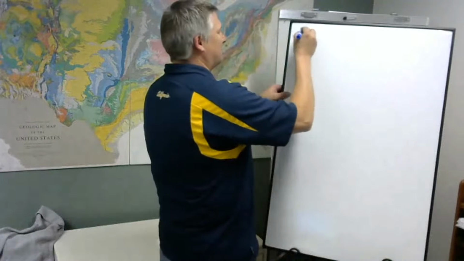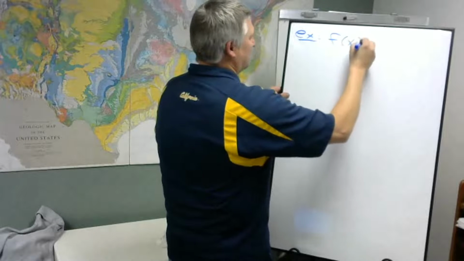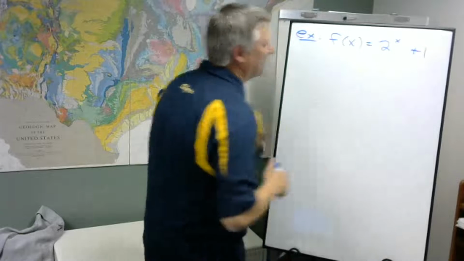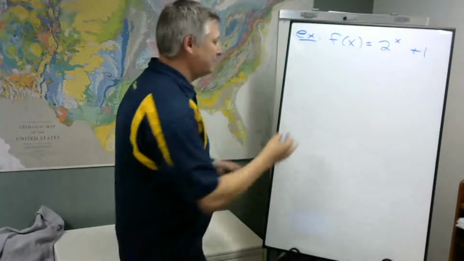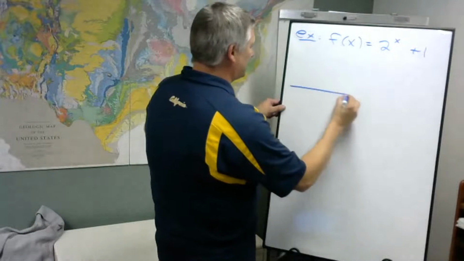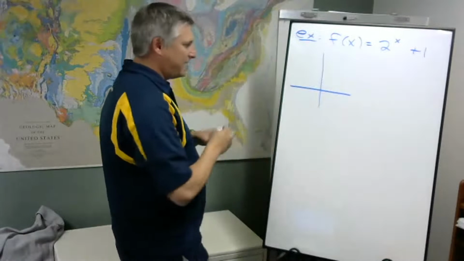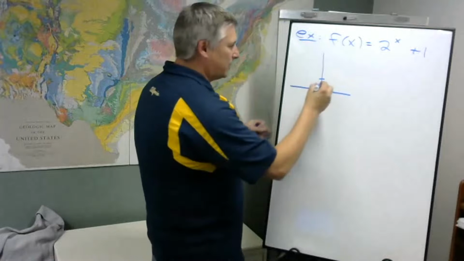So let's see. Let's say you have something like this: 2 to the x plus 1. Well, what's going to happen here? Let's start out with our base function, 2 to the x. It's going to pass through 0 and 1.